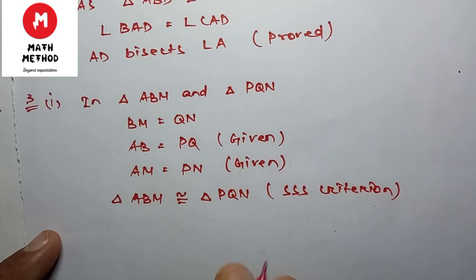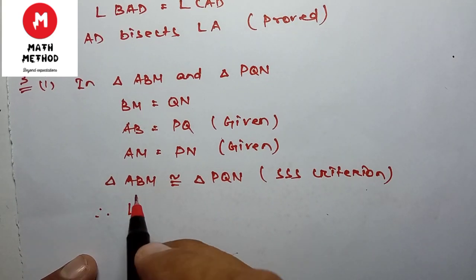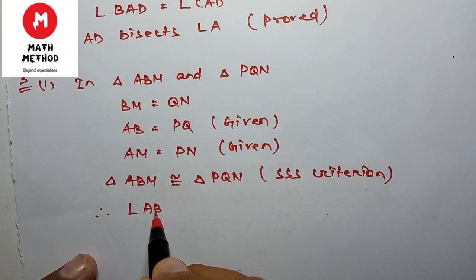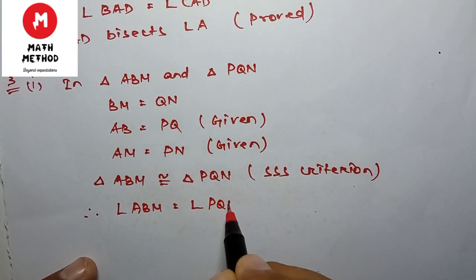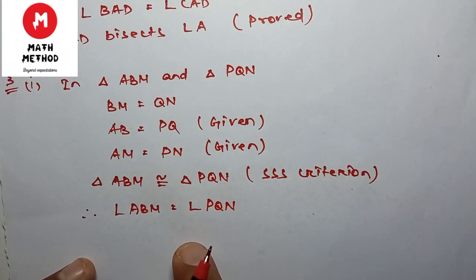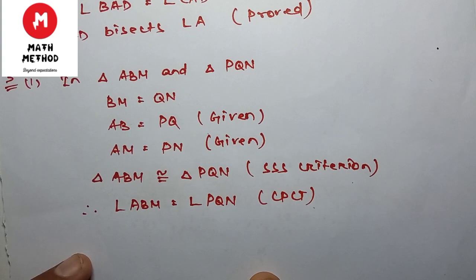Both triangles are congruent. Now by CPCT, angle ABM is equals to angle PQN. So this by CPCT, clear?